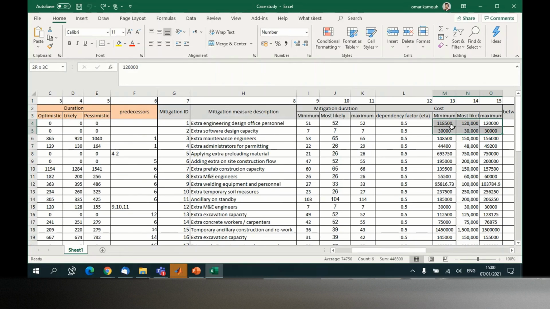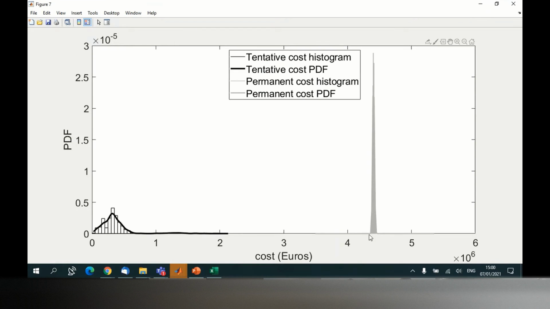So there's uncertainty. But yes, this peak here is related to all mitigation measures, so it's just the sum of all costs for all mitigation measures. Since you account for uncertainty, you get a little bit of spread. So it can be this much, or this much, or somewhere in between. Did I answer your question here?